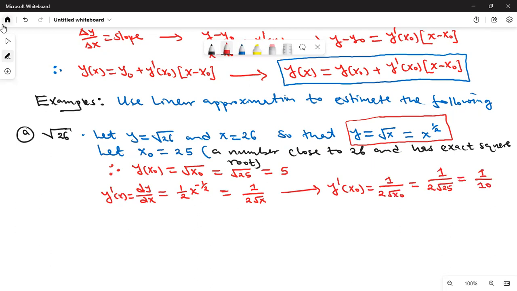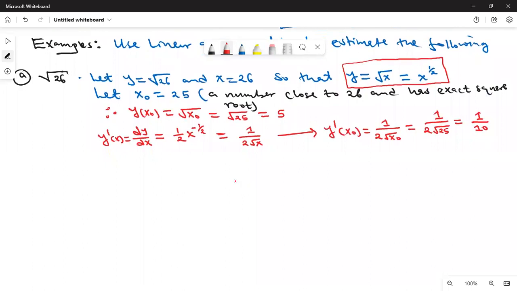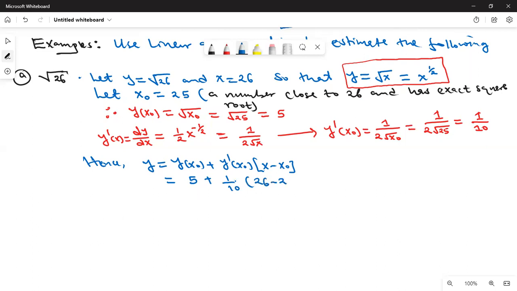So now we have everything that we need in our formula. So I'll just substitute these values into the formula. Hence, y should be equal to y at x naught plus y prime at x naught times x minus x naught, which you can also write as y at x naught, we got 5, plus y prime at x naught, we got 1 over 10, x is 26, minus x naught is 25.